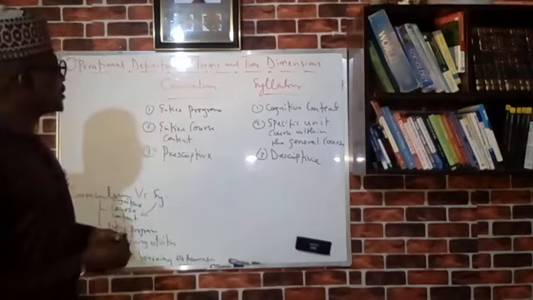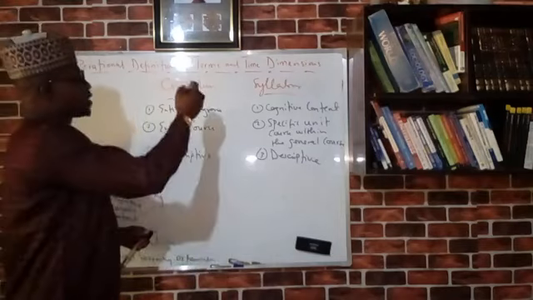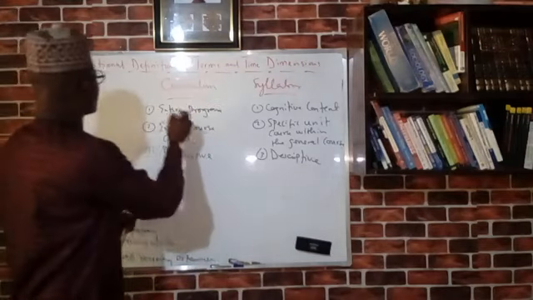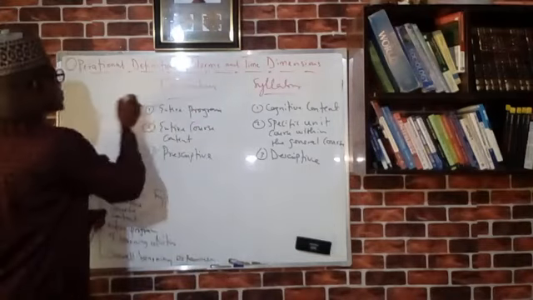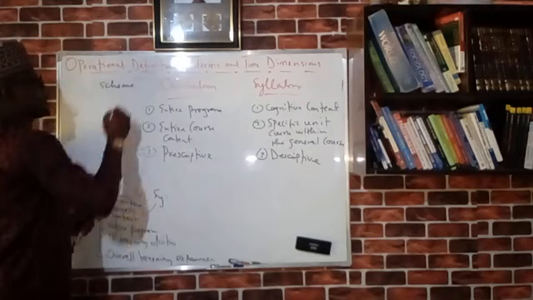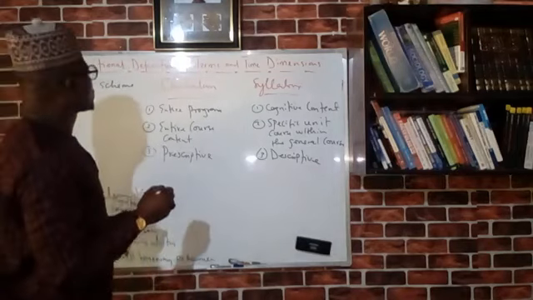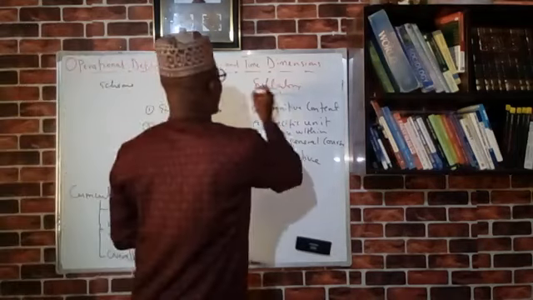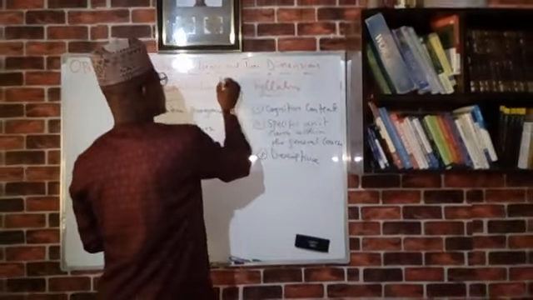And we'll have to add something here. There is another word that will come here after curriculum and syllabus. You'll be talking about the scheme of work. And then you're talking about resource material.